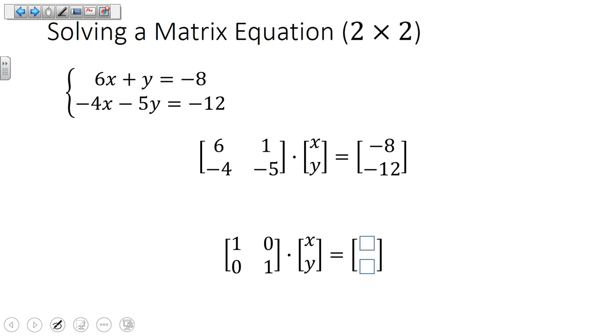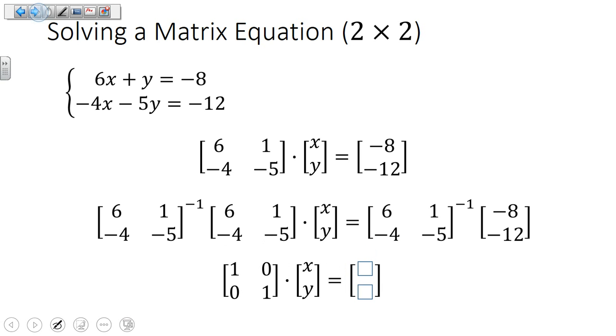So what we're really going to do is some math in order to get the identity matrix in front of my xy matrix. Now if you stop and think about that, the way that I get the identity matrix is I multiply that matrix in front by its inverse. So I need to take the inverse of the coefficient matrix and multiply my coefficient matrix by it. That's going to create this identity matrix.